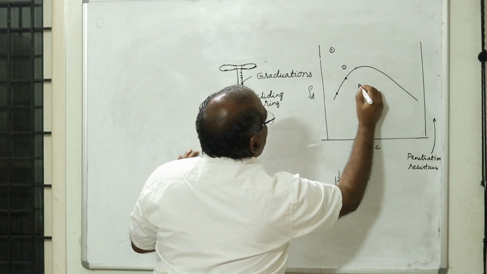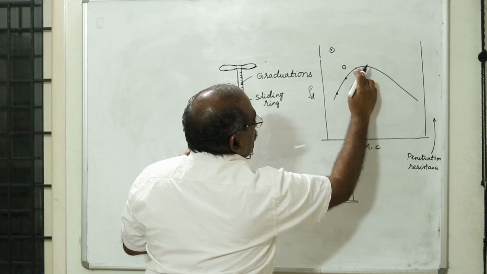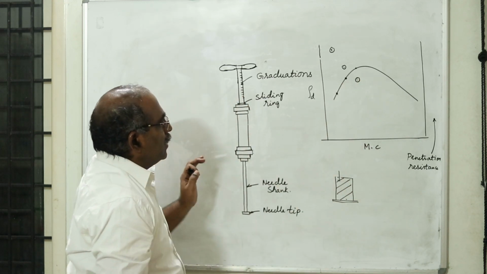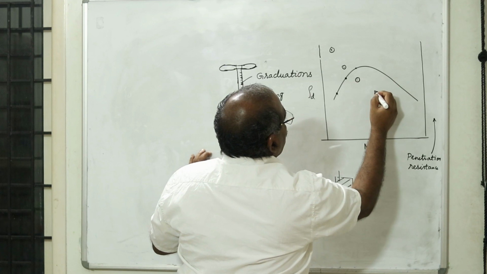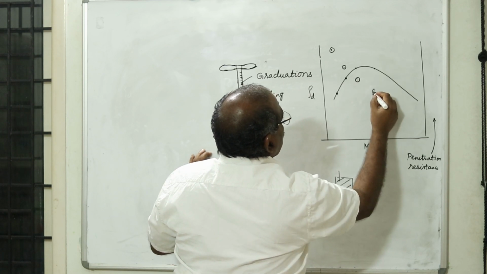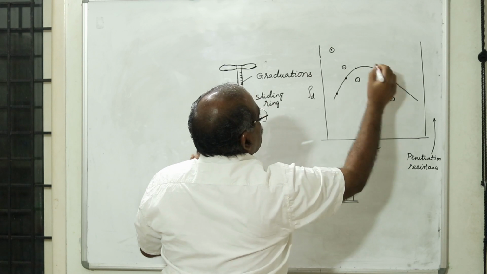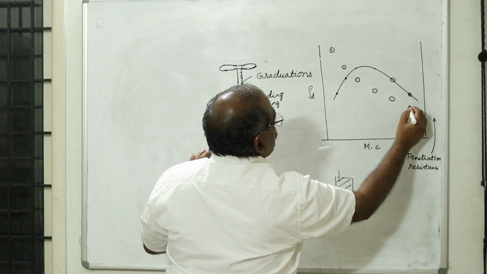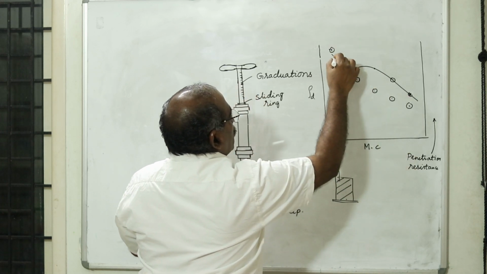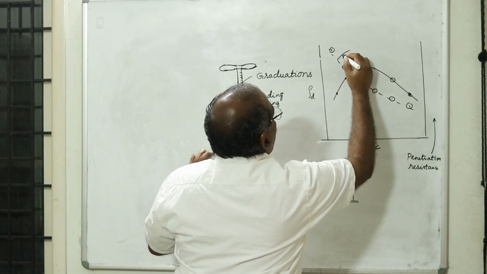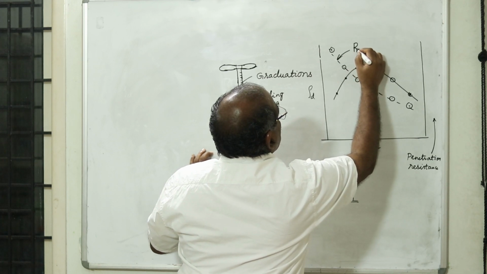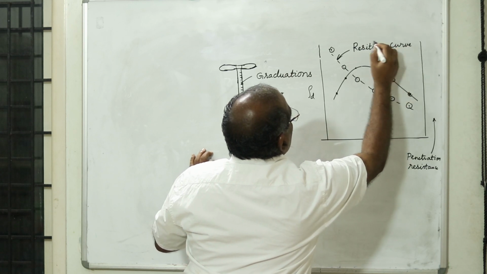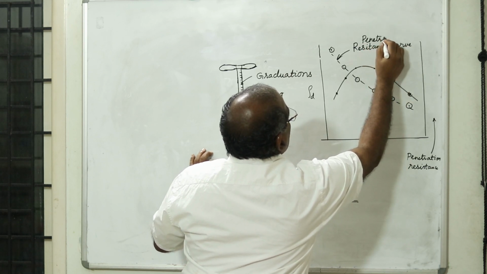Corresponding to the third point, as the water content increases, what happens? The density is increasing. Here the ease with which you can penetrate this needle into the soil is increasing. Therefore, corresponding to the fourth point, I get my penetration resistance. Therefore, I develop a penetration resistance curve. You can also call it the penetration resistance curve or the resistance curve.